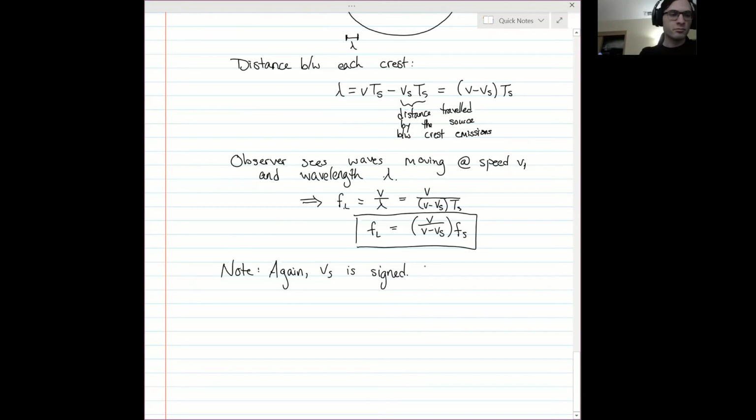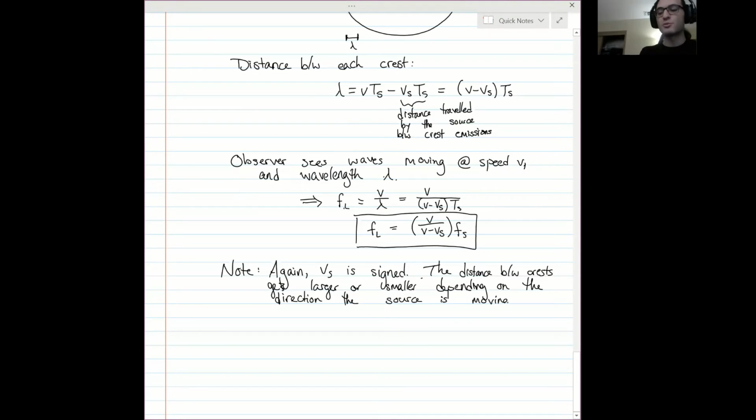It means that the distance between crests gets larger or smaller depending on the direction the source is moving.